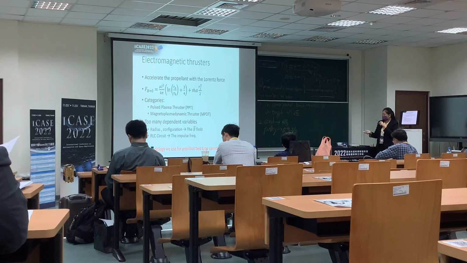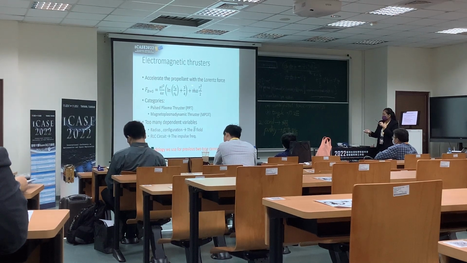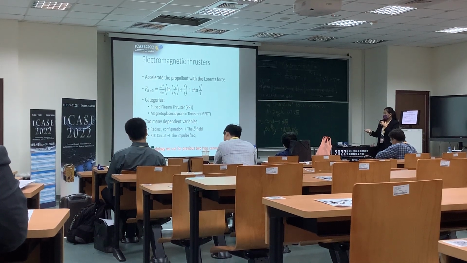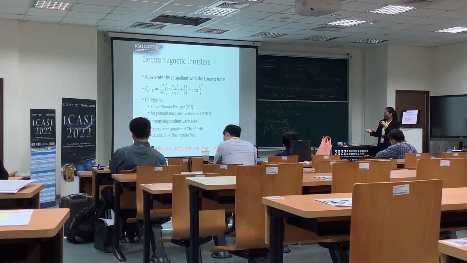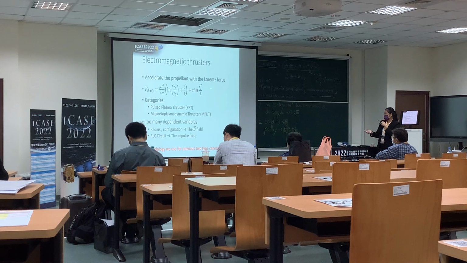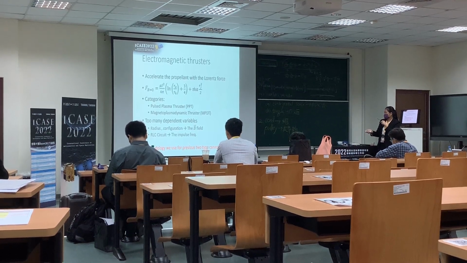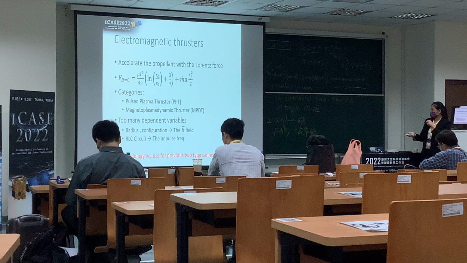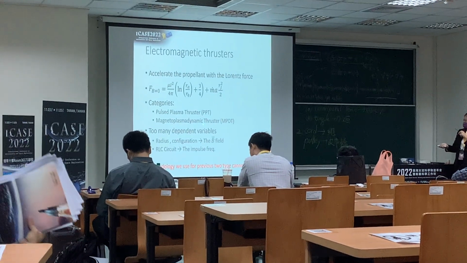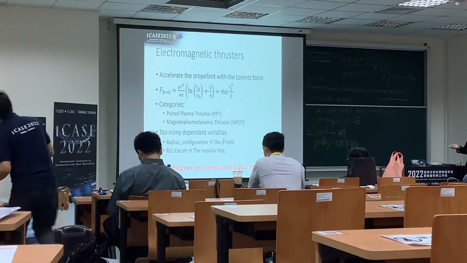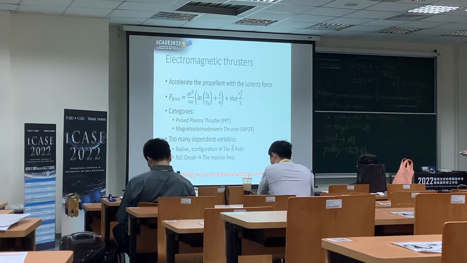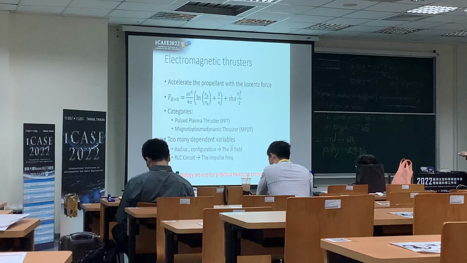The electromagnetic thruster is using the Lorentz force or magnetic force to accelerate the propellant. It has 2 categories, which are the pulsed plasma thruster and the magnetoplasmadynamic thruster. In the MPDT, we can see that it is using the magnetic pressure effect and the magnetic nozzle effect.